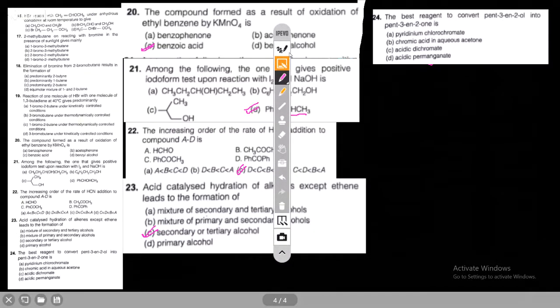Pentan-3-ol to pentan-3-one. Alcohol to ketone.